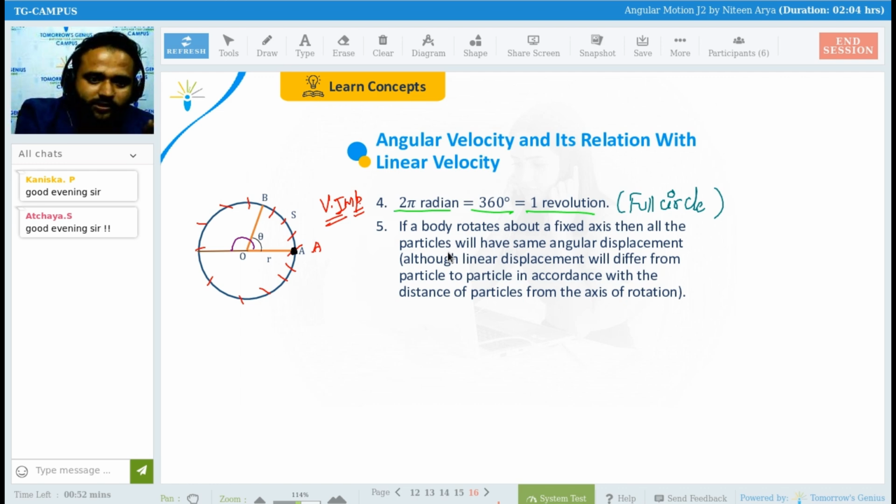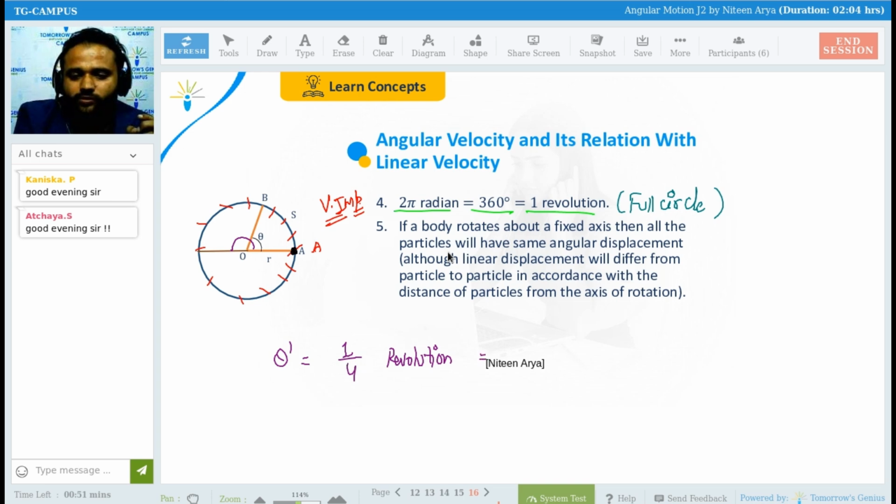See, understand this point. You understood what is 1 revolution, 2 pi, 360 degree, right? So if I'm saying 1 by 4th of a revolution, then theta prime, which is 1 by 4 of a revolution, is exactly 90 degree. 1 by 4 of 360 degree is 90 degree.